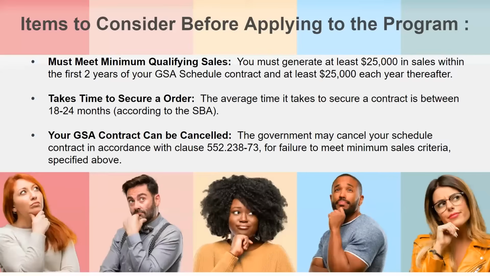Right now, for our schedule suppliers that are offering services and products related to responding to the pandemic, there was a moratorium that was issued where they do not have to meet this requirement right now. However, when things normalize, every contractor will have to meet this $25,000 in sales requirement.